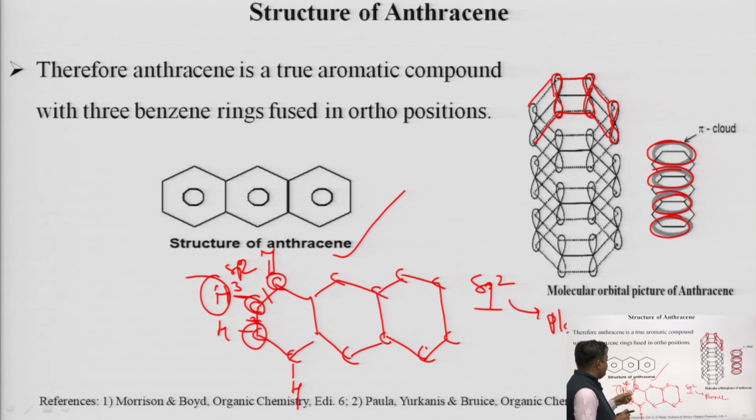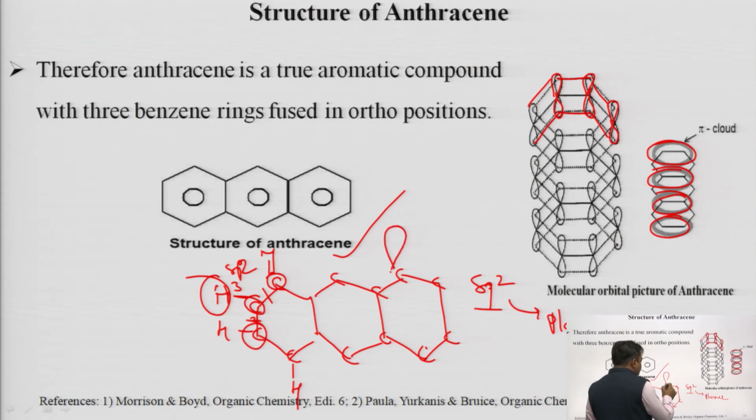This carbon-hydrogen bond is formed because of the overlapping of the s orbital of the hydrogen and the sp2 hybridized orbital of the carbon. And one valency is fulfilled by, like this, an unhybridized p orbital, and this p orbital is having an unpaired electron.